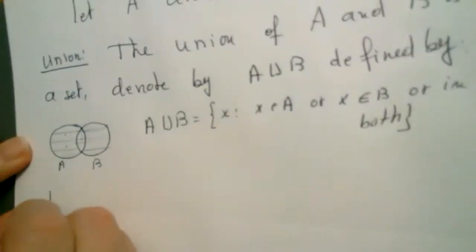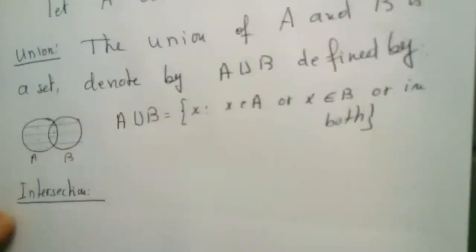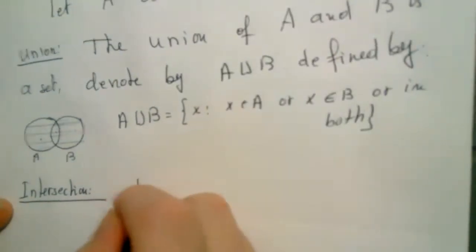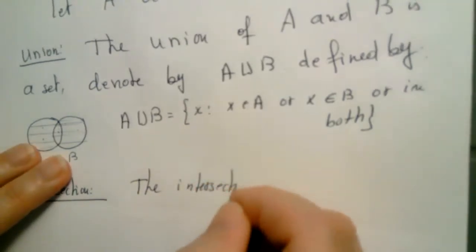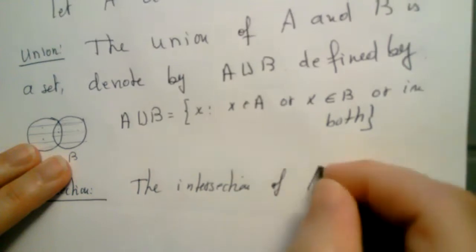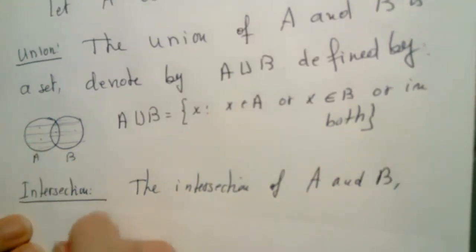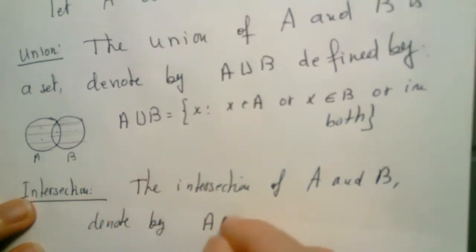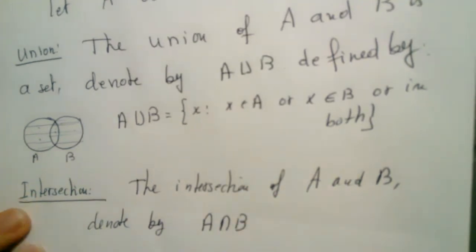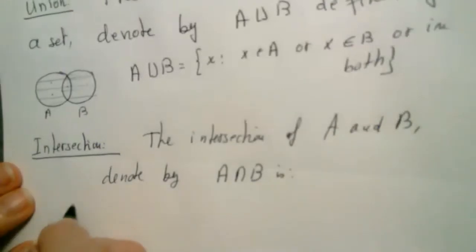Now, intersection. Again, we have two sets A and B. The intersection of A and B is a new set that we denote by A intersect B. Again, we're constructing new sets.